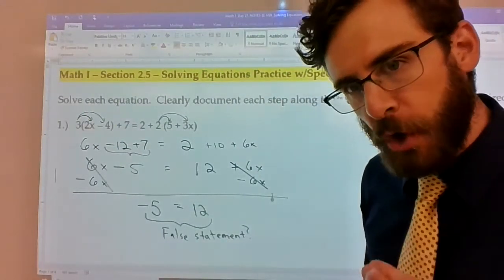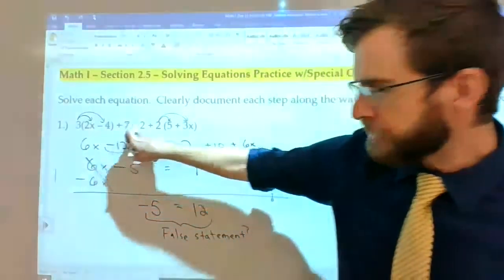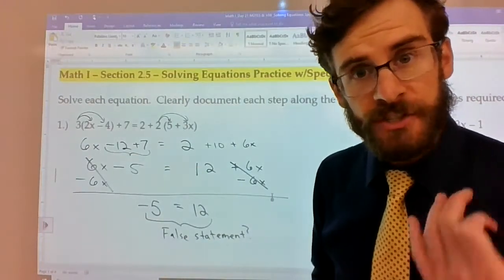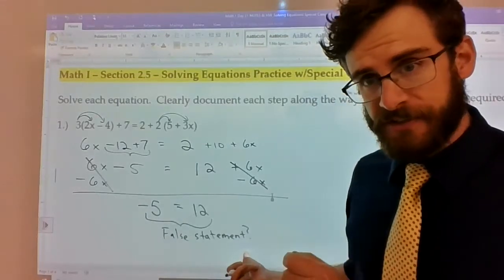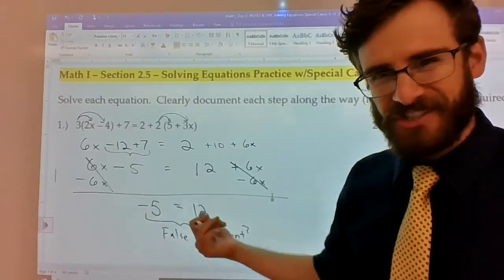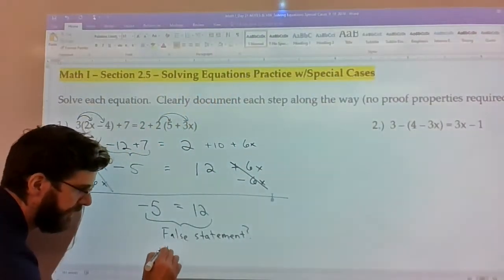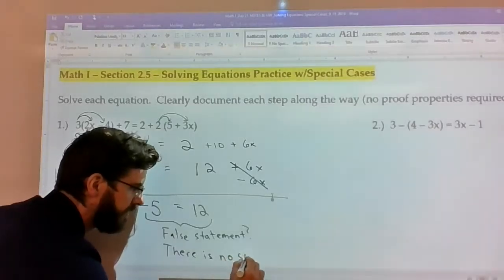This means there's no x value that makes this equation a true statement. There's no x's. There's no solution. That's what we would say if the x's drop out and we're left with just a false statement. There is no solution.